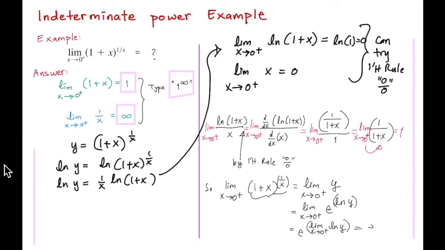So we have e to the 1. E to the 1 is just the number e. So this limit is equal to e. And in fact, this is one of the definitions of e that, depending on what book you're using, might be the definition instead of the definition that we use.